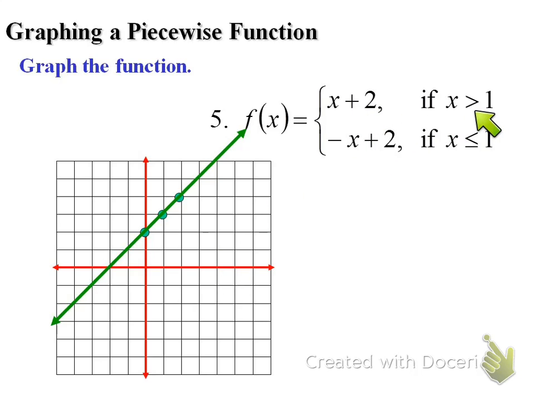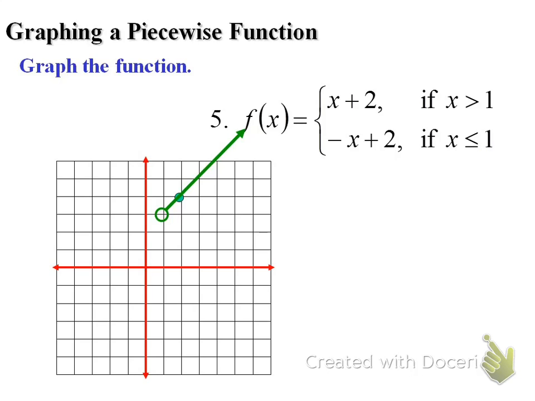Does it include 1? This one includes 1. So here we're going to use a solid circle. Here I need to use an open circle, though, to show that that is not actually a point on my line. So I'm going to use an open circle there. And I'm going to erase everything to the left, because that is not included in this function. It's going to be included down here.